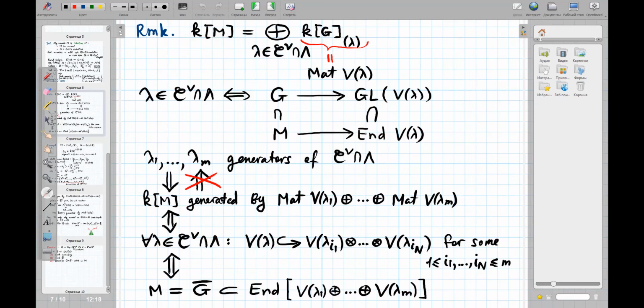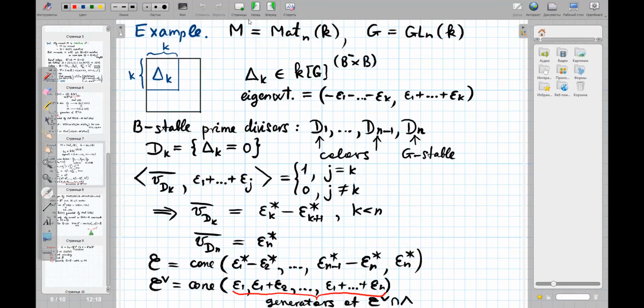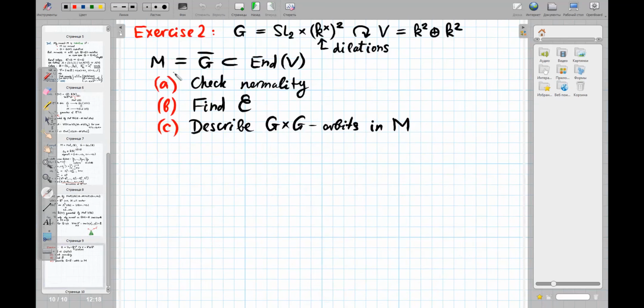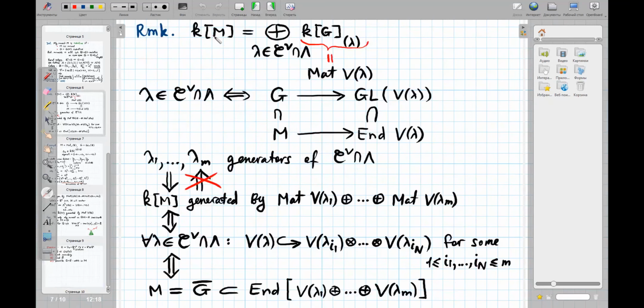If you get all lattice vectors in the dual cone, then this will mean that the coordinate algebra of your M coincides with the coordinate algebra of some normal algebraic monoid given by this kind of decomposition. Therefore, this M will be normal. So the normality condition means that the coordinate algebra of M decomposes as a direct sum corresponding to all lattice vectors in some cone, yeah, without any holes.